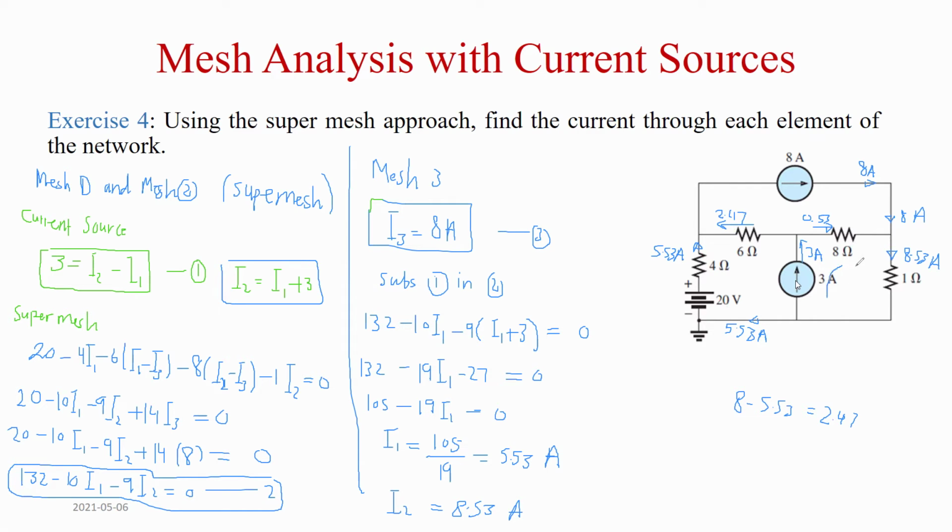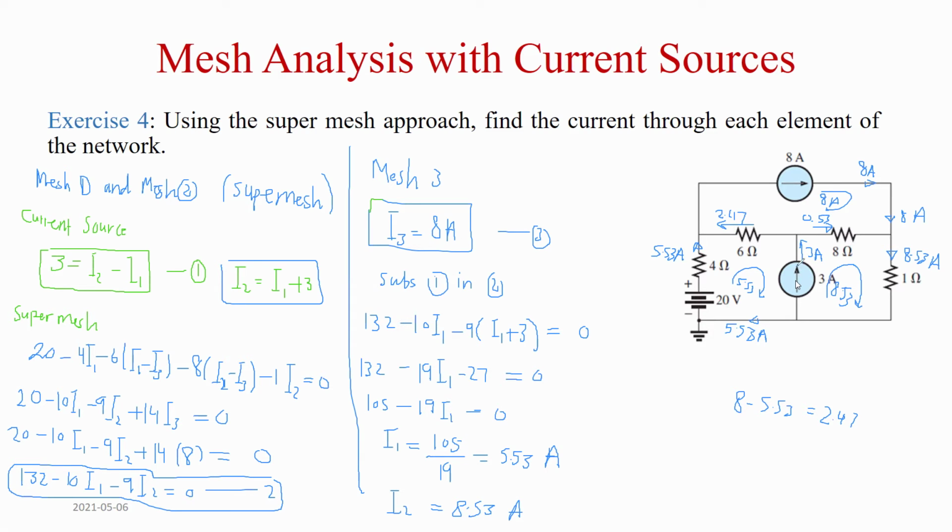The mesh here is 8.53. The mesh here is 5.53. The mesh here is 8 ampere. In the 8 ohm, it's 8.53 minus 8, so it's 0.53.